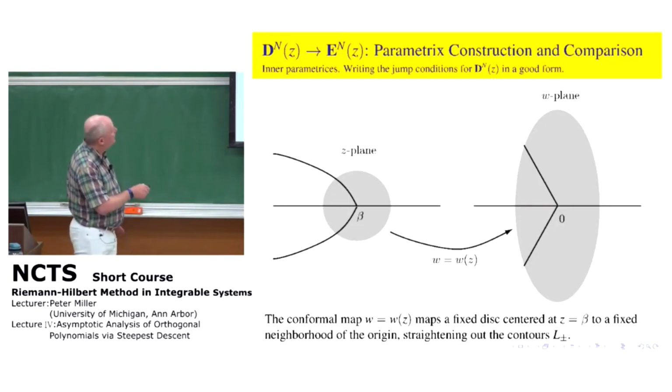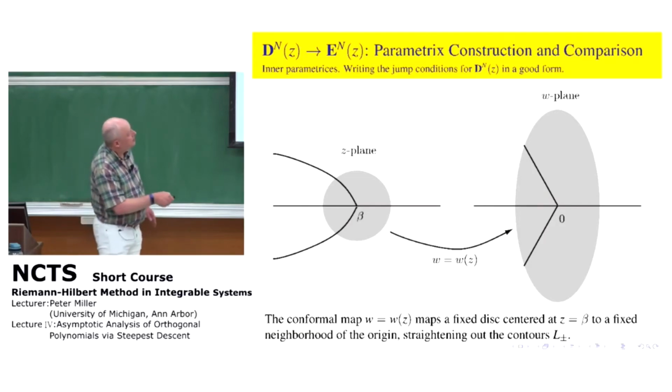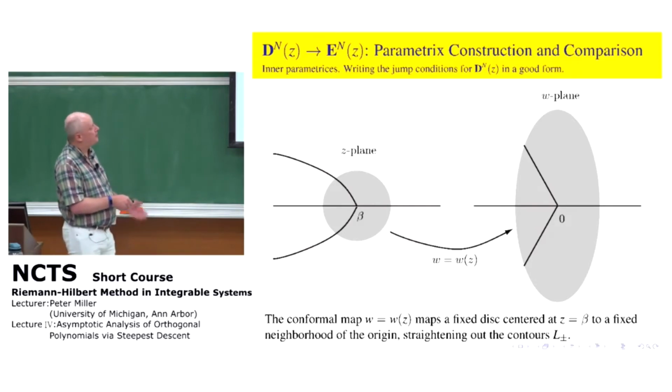We have these lens boundaries coming in. There's the point beta, like this. And when we map this to the w plane, we're going to assume that the image of this curve is this straight line here, and the image of this curve is this straight line here. So that's the w plane. And now in the w plane, we have these very nice jump conditions that are written in a simple way in terms of w or the scaled version of it, which is zeta.